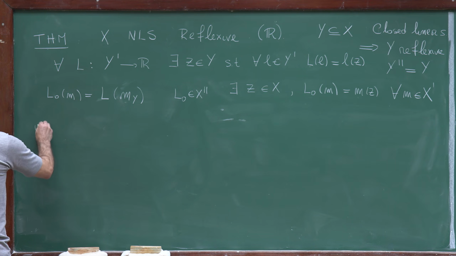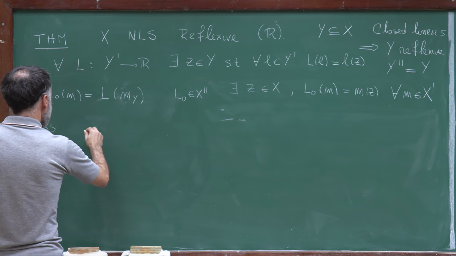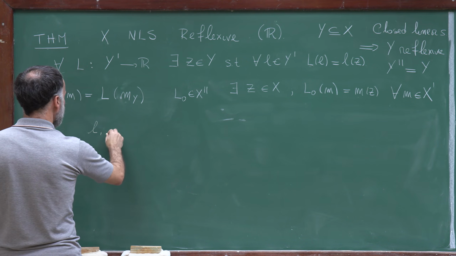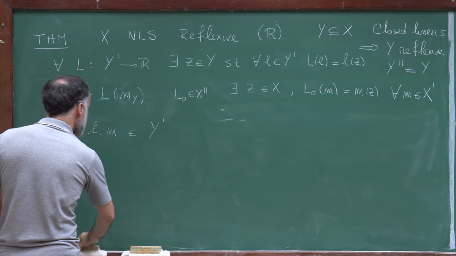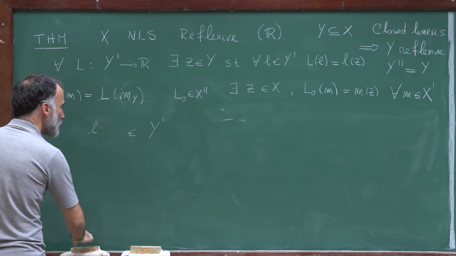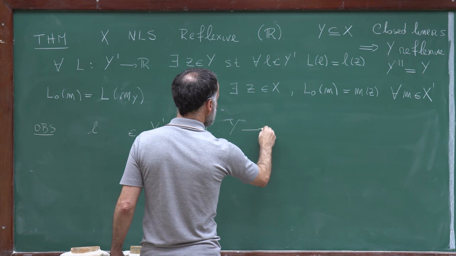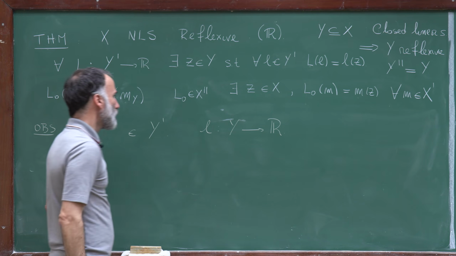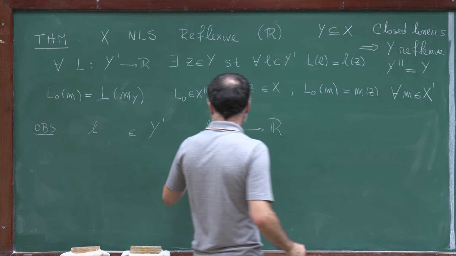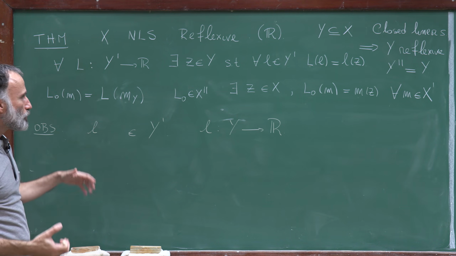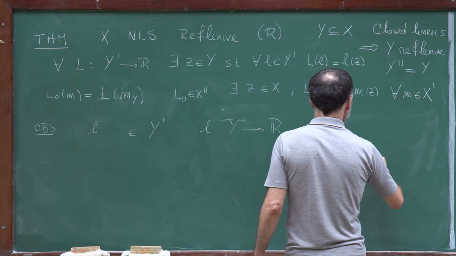Now, just an observation. Consider l defined as an element of Y prime. So l is a bounded linear function defined on Y. As we have seen, we can extend l to the whole space by using Hahn-Banach. So let me represent by l hat an extension.